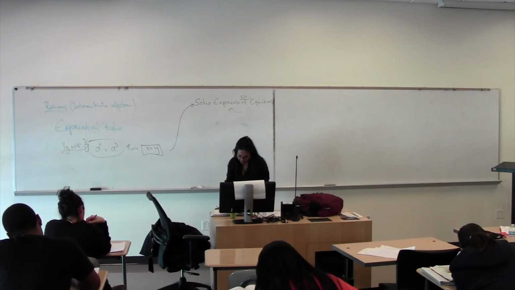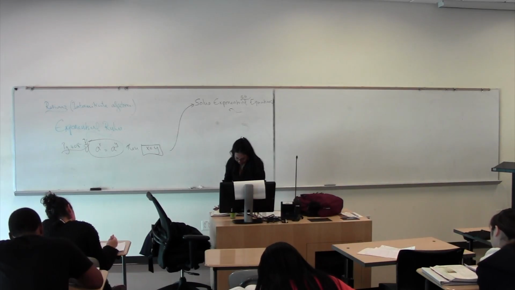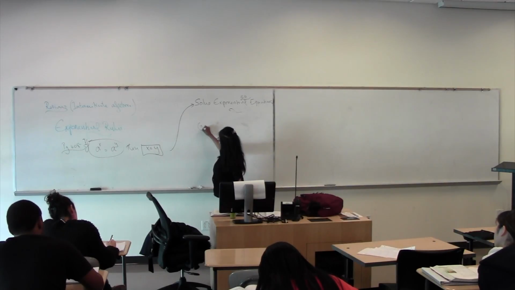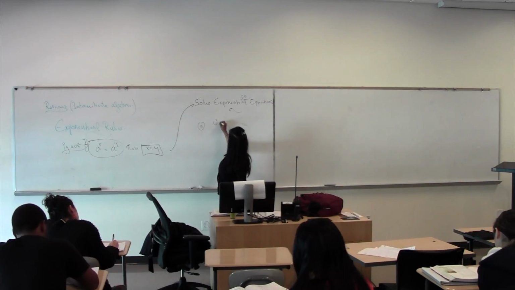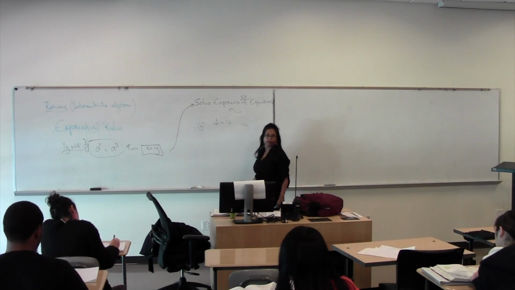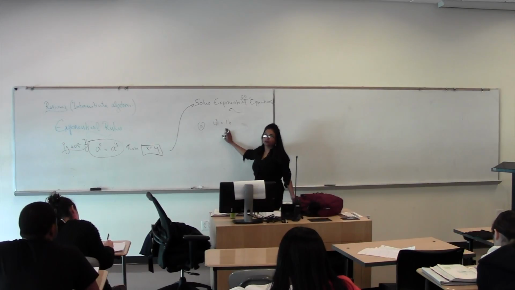So basically I'm just going to go through some examples here. Example number 13, 5.4: 4 to the power x is equal to 16. This is an exponential equation. So we are going to manipulate this. You guys have solved this before.